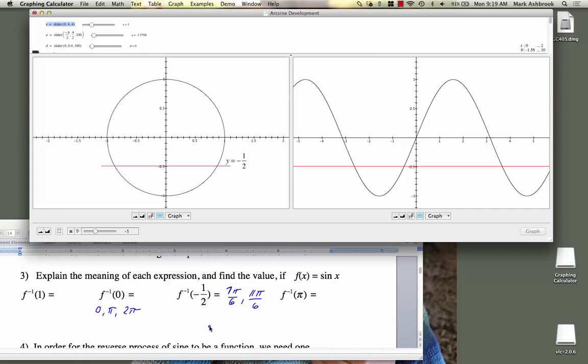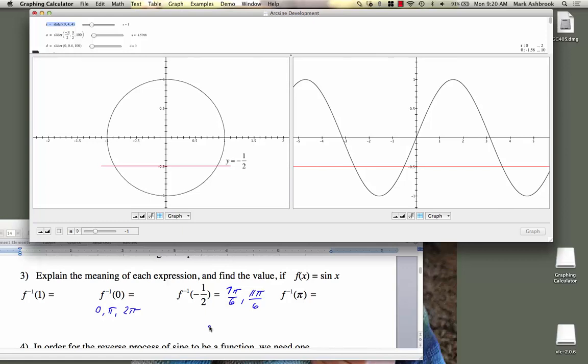Is the inverse process a function? Remember what the definition of a function was? Is it a function? No. Why not? Okay, so for a given input, we're getting more than one output.